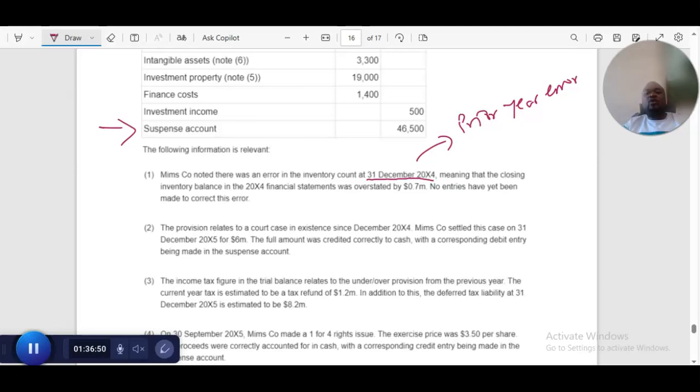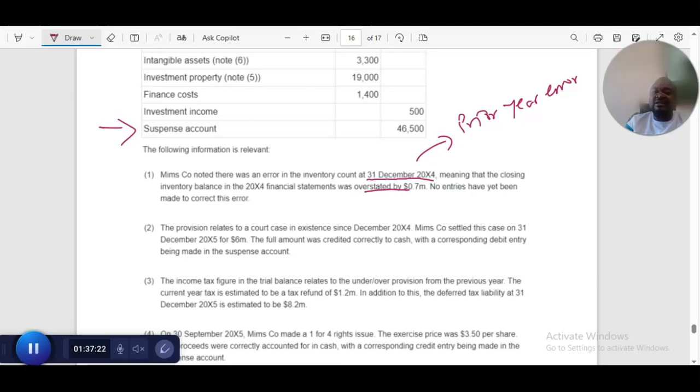So the examiner is saying that the closing inventory balance in the 2024 financial statements was overstated by 0.7 million. No entries have yet been made to correct this error. So what was the impact of this error?